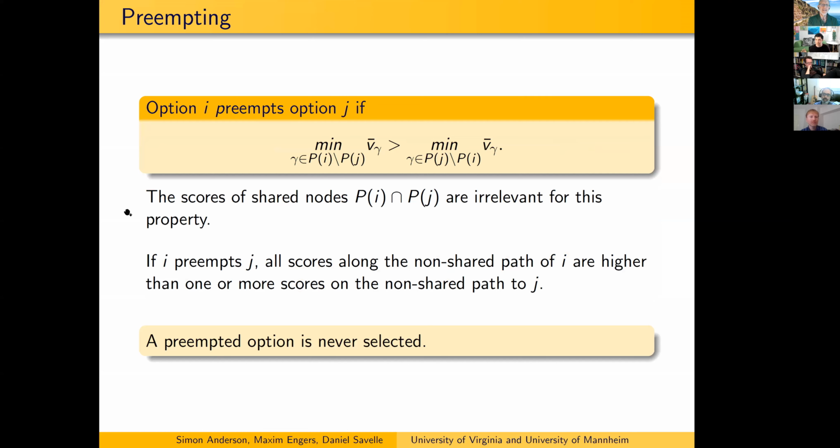So the first thing is, we want to compare two options. We want to figure out when the scores associated with one option are sufficient to prevent another option from being selected.